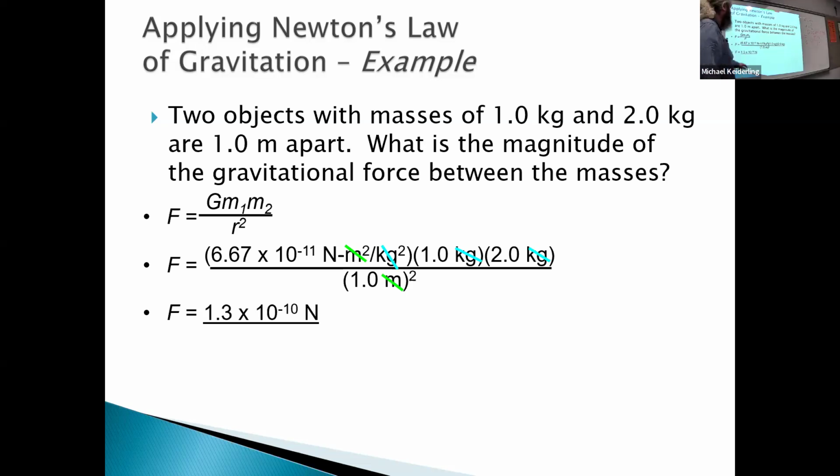So here you see the meters cancel and the kilograms cancel, and you're left with newtons. So it's much, much smaller.